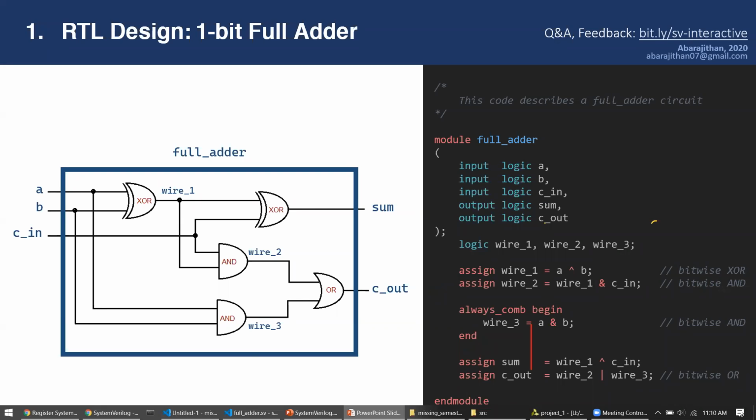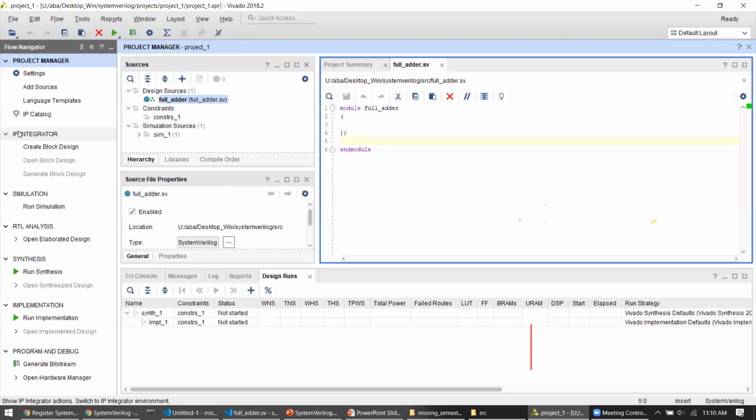I'm going to switch, you can look at the slides. The reason Vivado is easy is, if you look at this side, you have the IP integrator, simulation, RTL analysis, synthesis, implementation, and program, the entire flow of FPGA design.